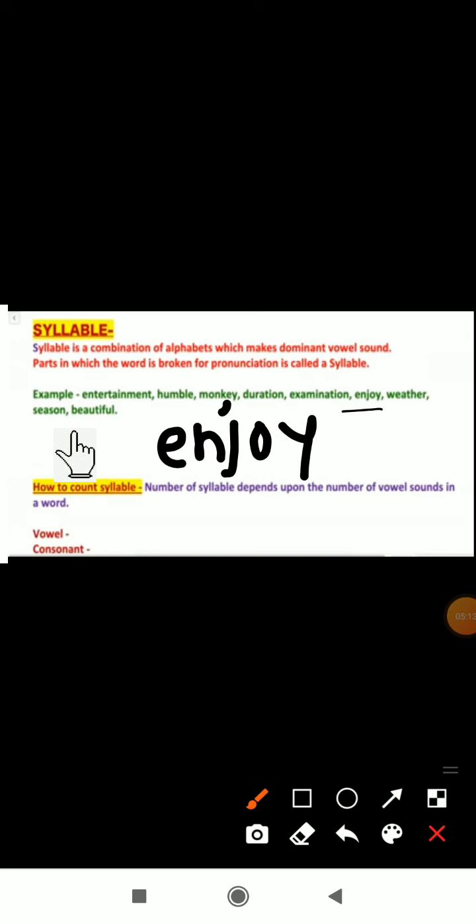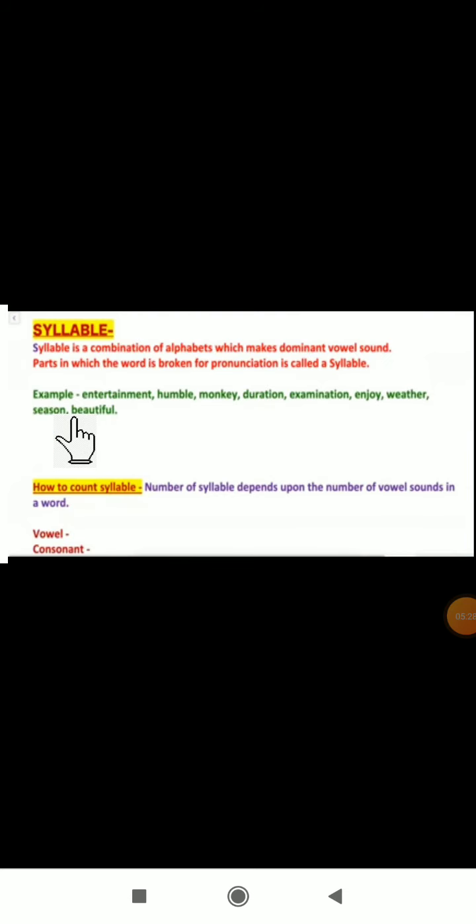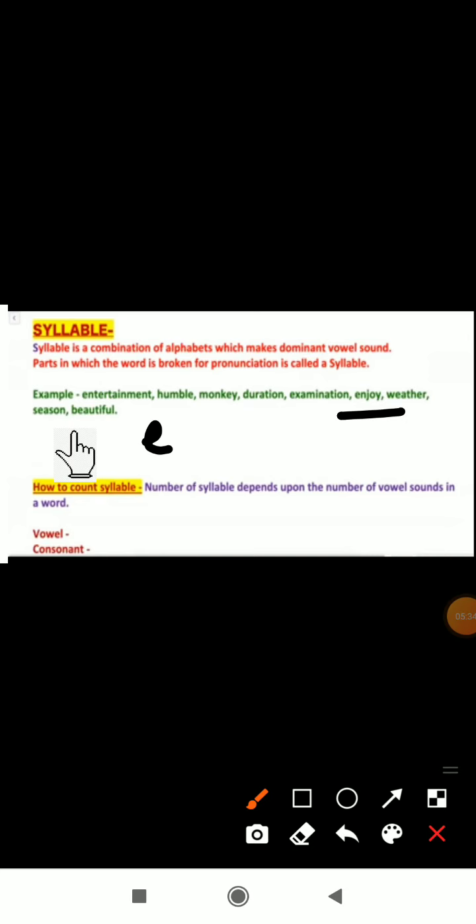See, first E and here O. So we are categorizing here. Once again I will write this word. Enjoy.